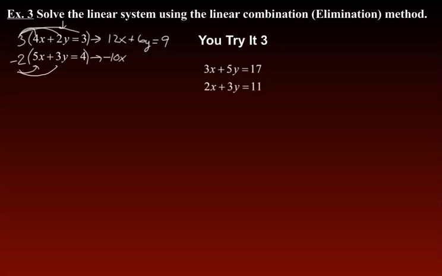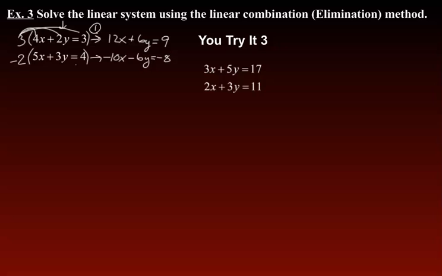I'm taking negative 2 times 3, which is negative 6y. And I'm taking negative 2 times 4, which is negative 8. So that was step 1. This time we had to multiply both equations.